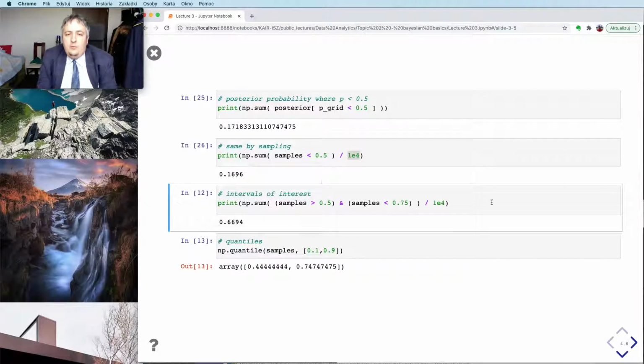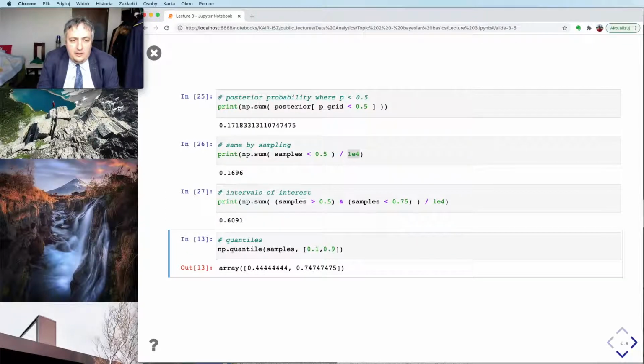We can use the same approach to compute intervals of interest. For example, find the probability that samples are between 1/2 and 0.75. Again, we compute that, and we can of course compute the quantiles the same way. So generally, we've reduced the problem of integration to the problem of performing statistical operations on a set of samples which we generated by random sampling.